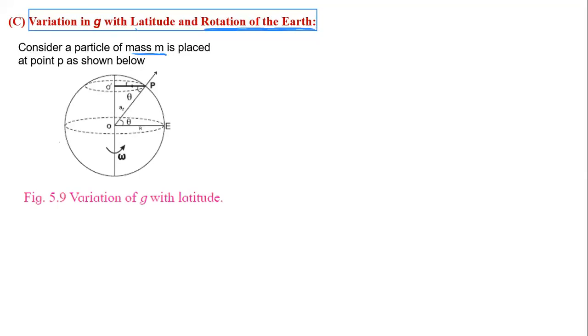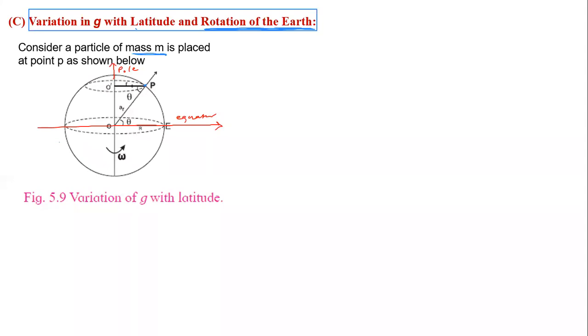So this is the point P, and at that point P the particle of mass m is placed. This is the pole and this is the equator.